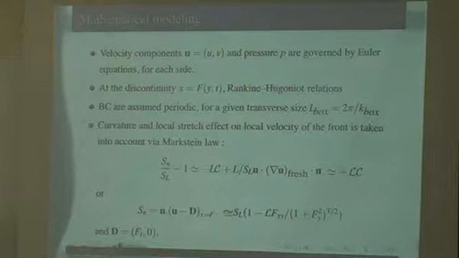You may reparameterize the front this way, and maybe reparameterize this way, but maybe this is not correct. Mathematically it's possible; physically I'm not sure it's correct. So it's for moderately wrinkled fronts.